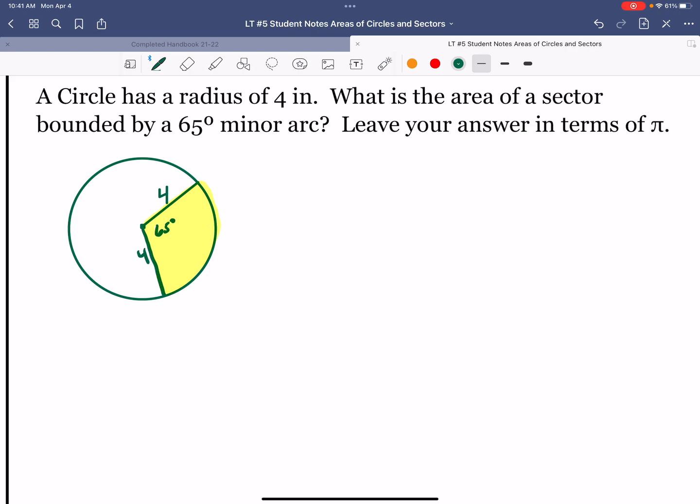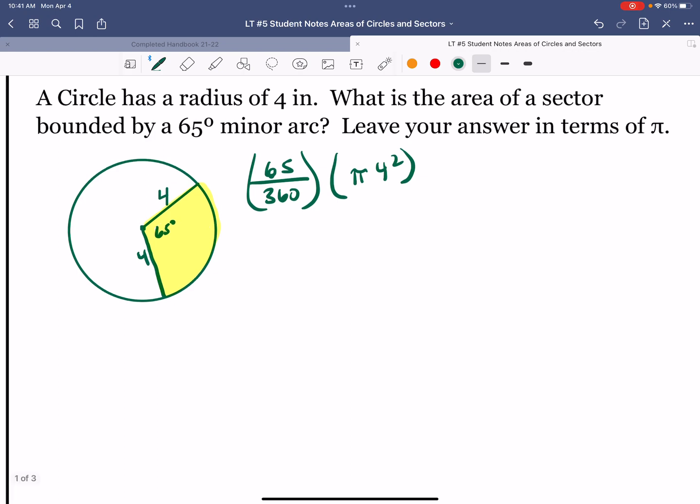So we have that this piece of pizza or a piece of pie or a piece of cake, whatever it would be, is 65 out of 360 times pi radius squared. If we type everything else in except for pi, 65 out of 360 times 16 gives us 26 over 9 pi inches squared.